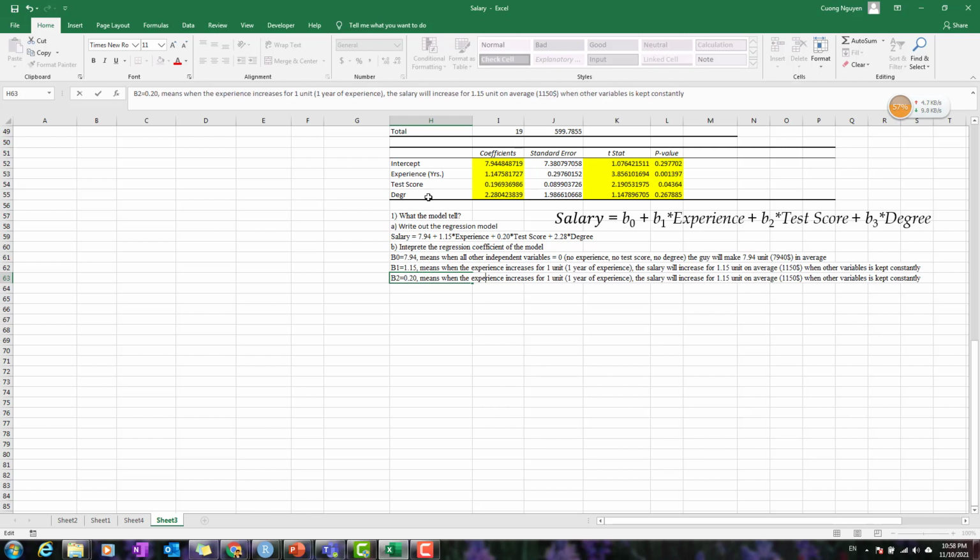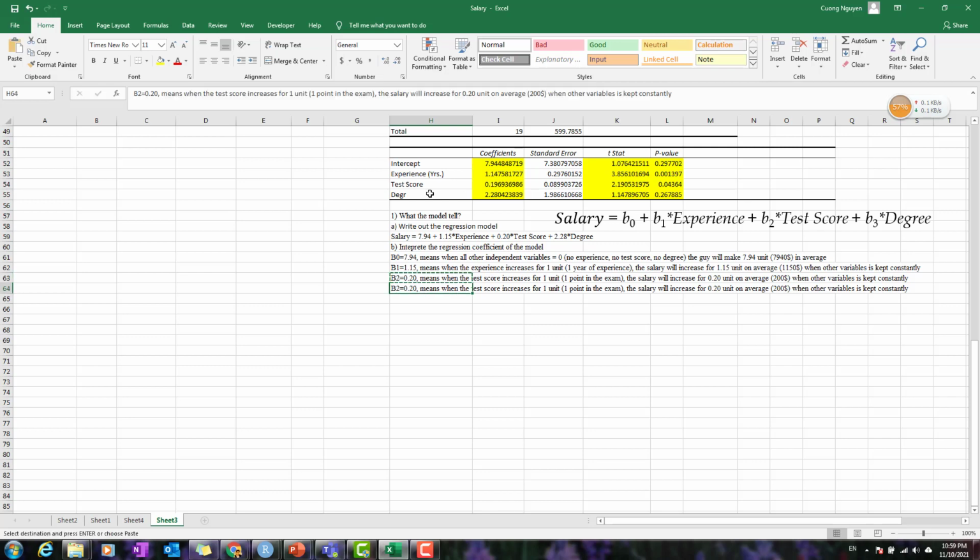That means when the test score increases by 1 unit, that should be 1 point in the exam, the salary will increase by just 0.20 units on average. So that means $200 when other variables are kept constant.